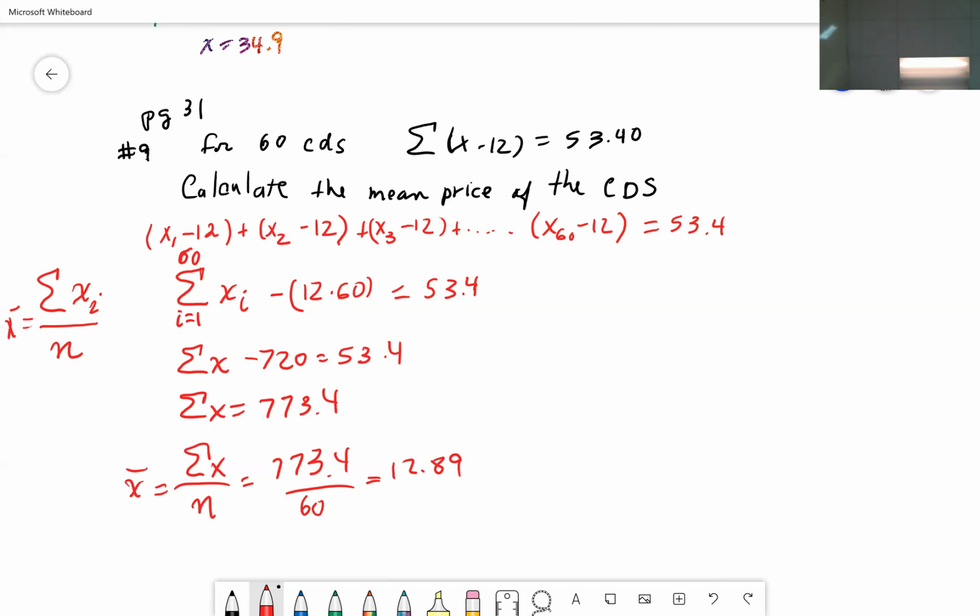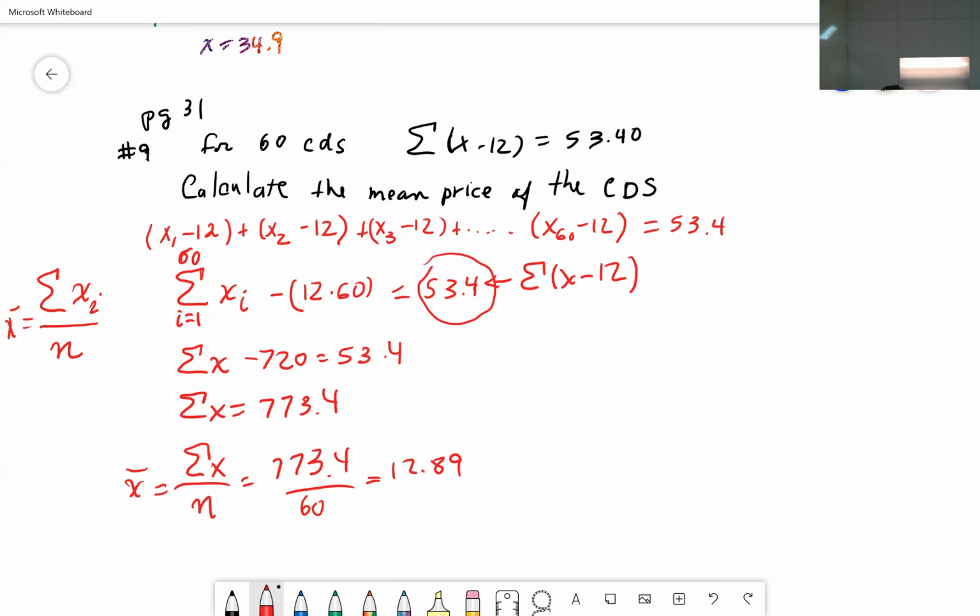What is this here? This is the sum of x minus 12. Right?